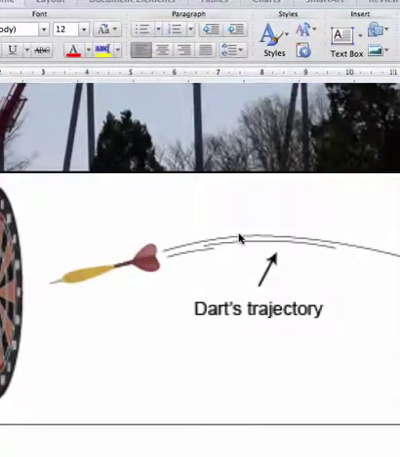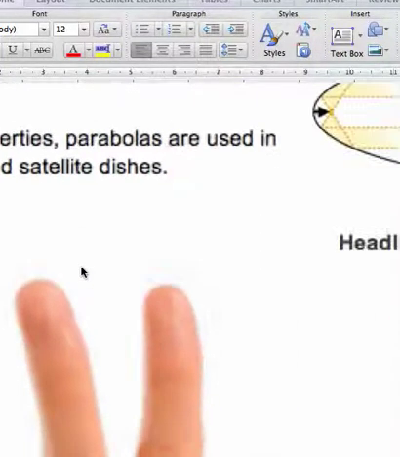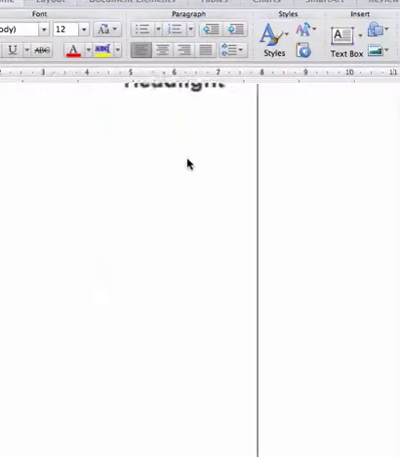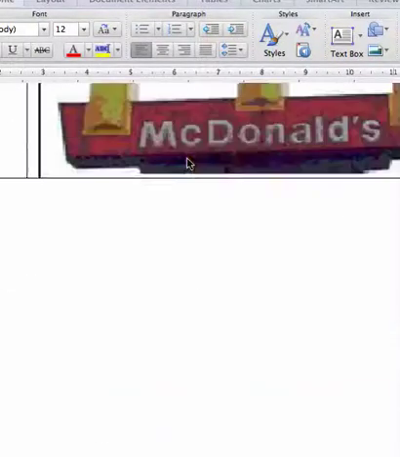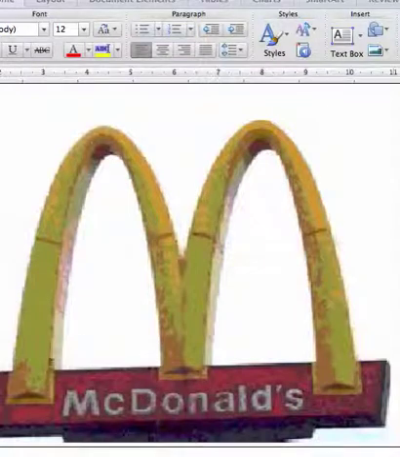So yes, throwing objects, and of course the peace sign, we sort of got a parabola in there. Okay, so you can see it's not half a circle. And of course our favorite thing, McDonald's. So the McDonald's sign is actually two parabolas, one there and one there joined together. So there you go.